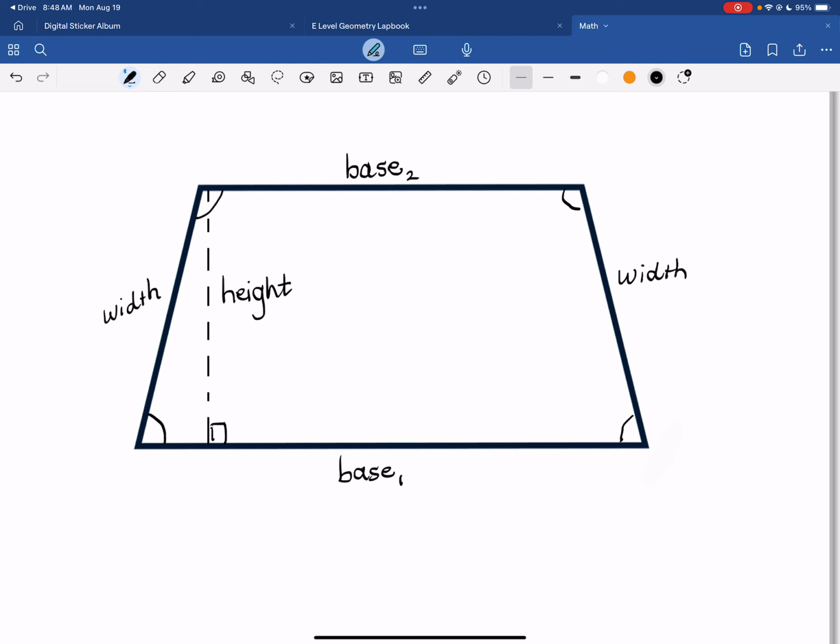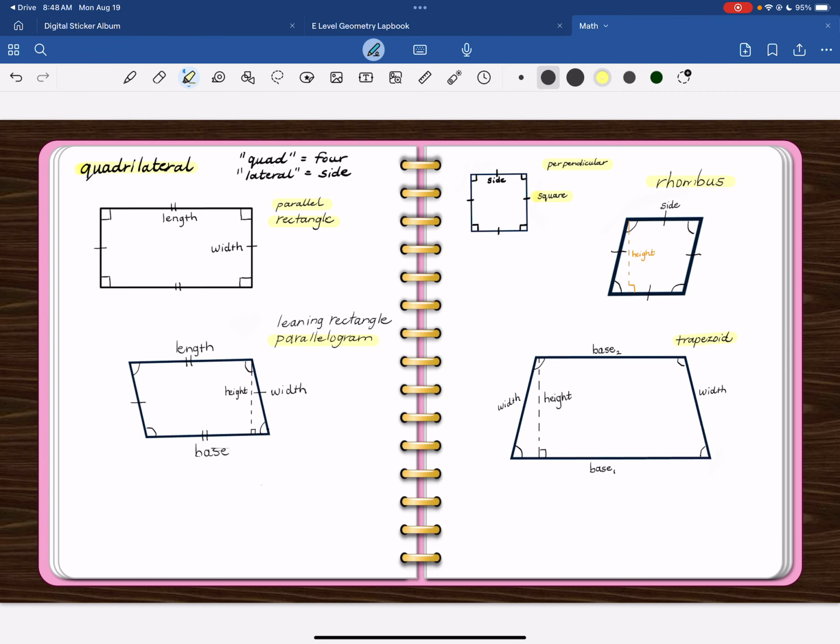Remember, the right angle right here I drew in, so it's imaginary. None of them are right angles, but there are 4 sides, so this would be a quadrilateral, and its name is a trapezoid. So a trapezoid is in the quadrilateral family. Any shape with 4 sides is a quadrilateral.